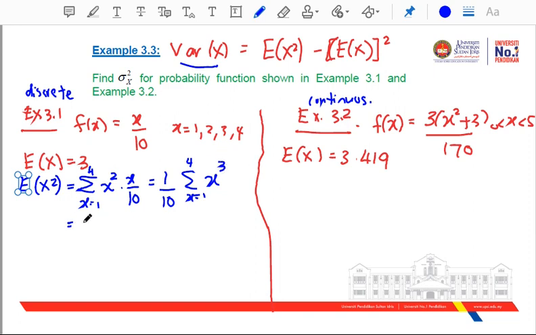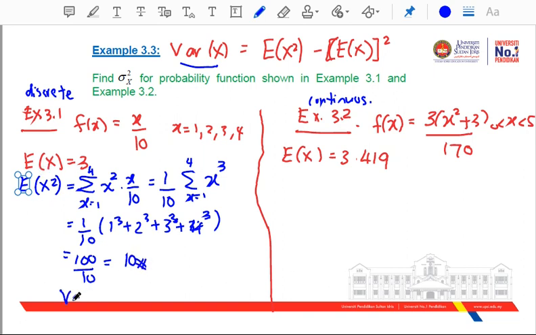Then you just simplify this: 1 cubed plus 2 cubed plus 3 cubed plus 4 cubed is basically 100 over 10, which is actually 10. So this is your E(x squared).